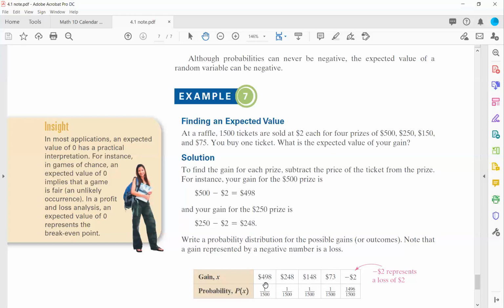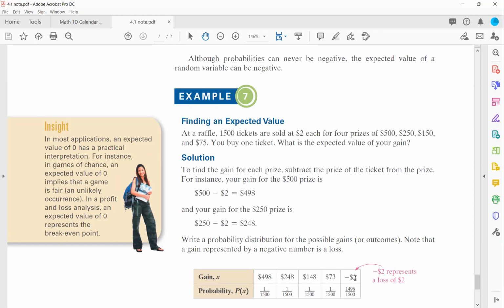So the gain, 498. 250 minus $2 gives you 248, okay? The second x. Then you have 150 minus $2, which is $148. Then you have 75 minus 2 gives you $73.